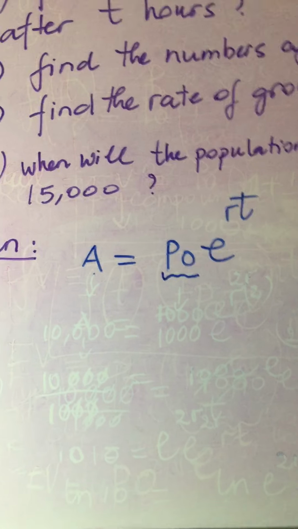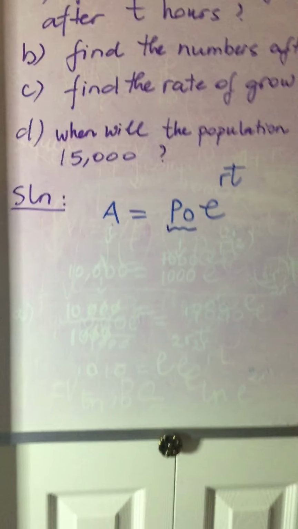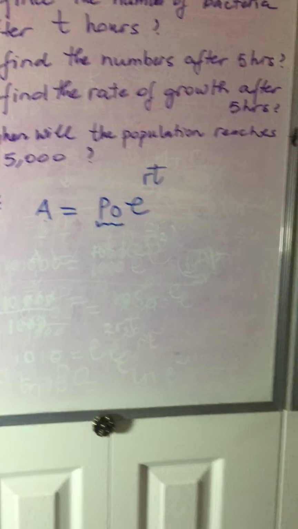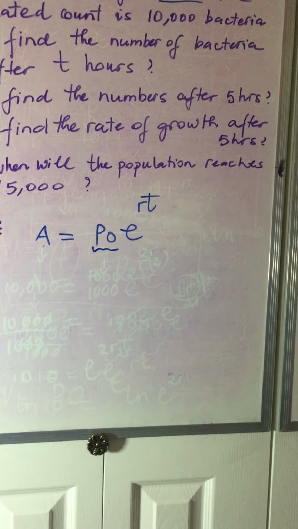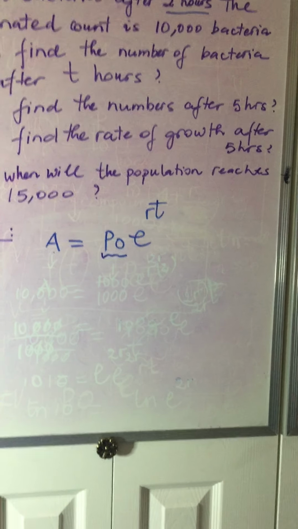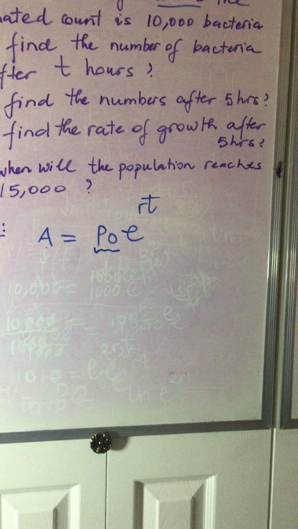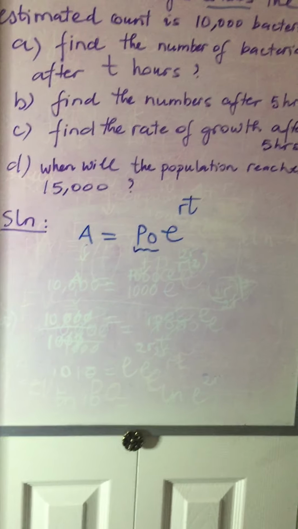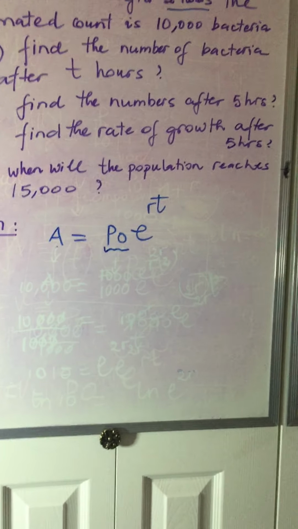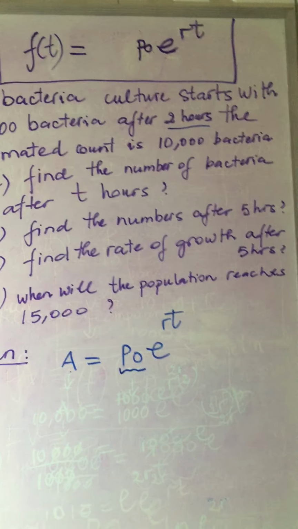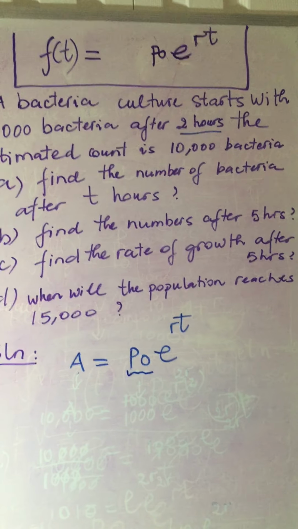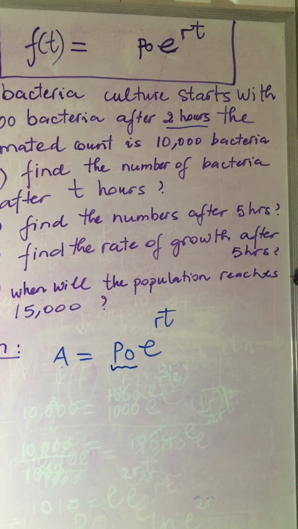So let's try to substitute anything we know. Now we know A is the amount after. P0 is the amount at the beginning, the principal amount, the original amount. So do we know A? If you look at the question again, it says after 2 hours, the estimated count is 10,000 bacteria.